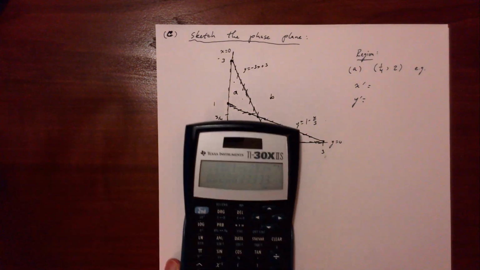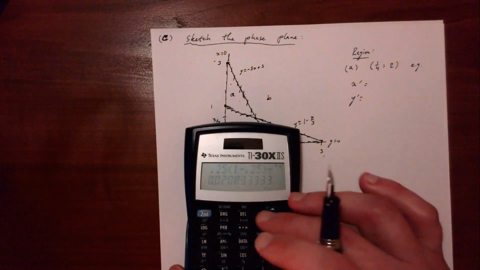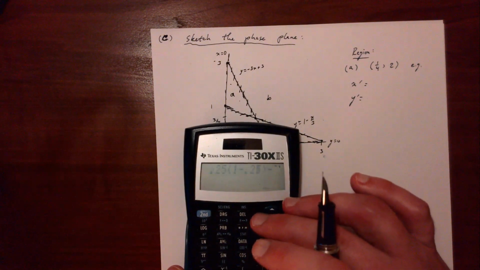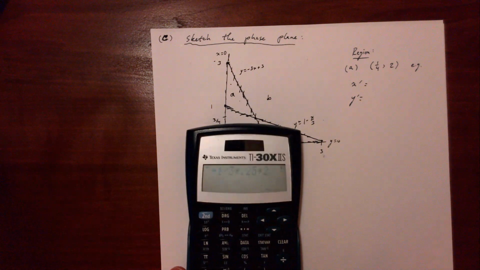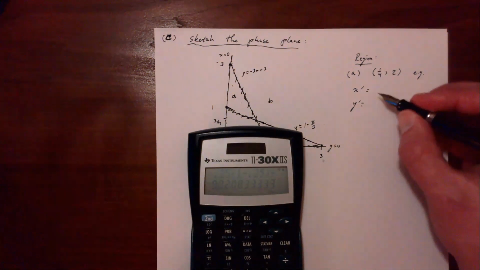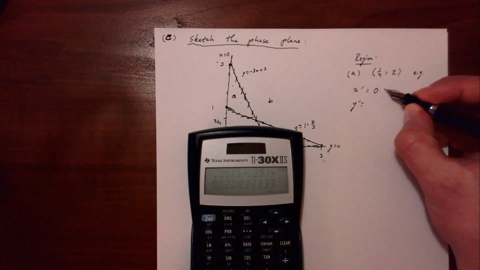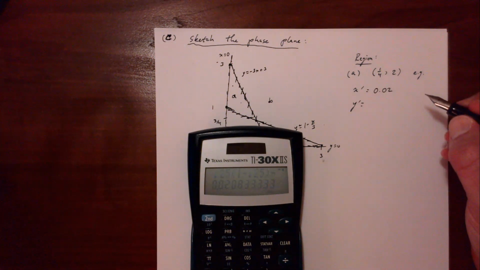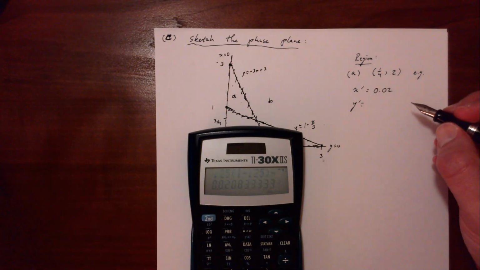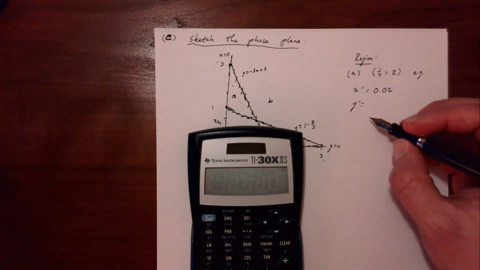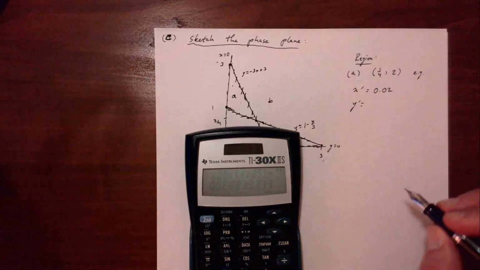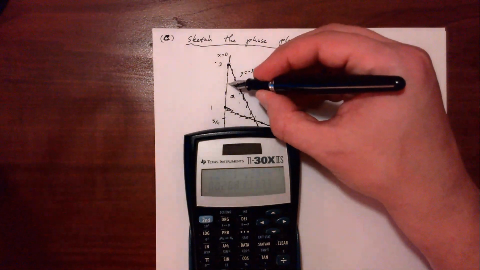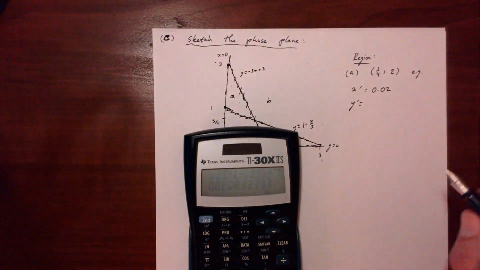It's just what I happen to have handy, so I entered in the x prime expression as given. That's equal to 0.02. So in other words, positive, although not very. Close to 0, which makes sense because I'm close to that line, and in fact I'm sandwiched between these two lines where the x derivative is 0.